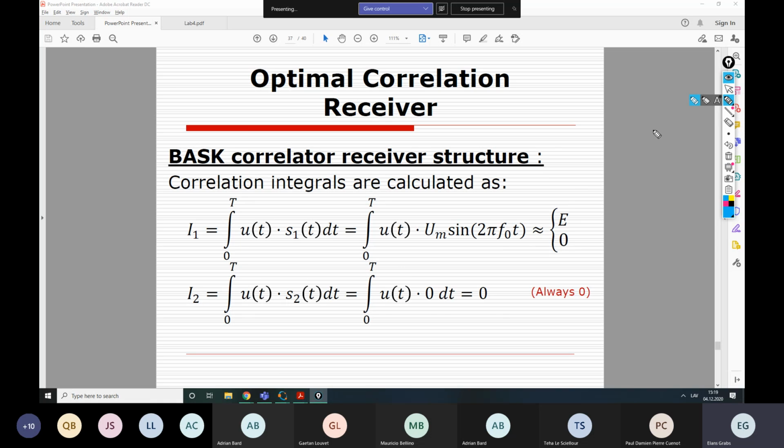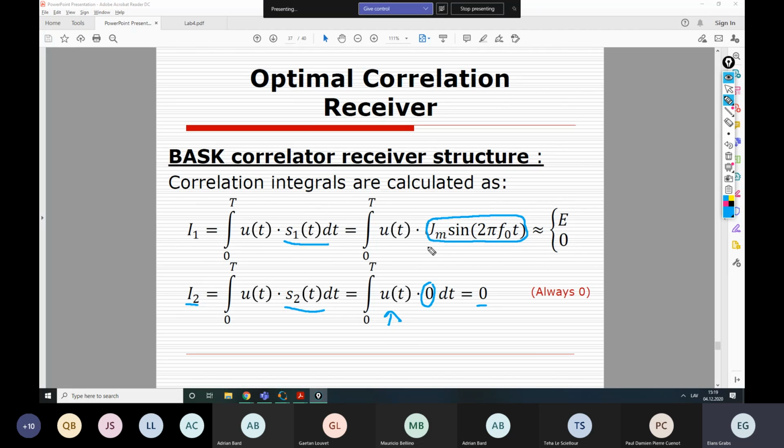Let us calculate, as we should, two correlation integrals for signal S1 and signal S2. For amplitude shift keying, signal S1 is this harmonic carrier signal, and signal S2 is 0. So calculating the second integral, irrespective of this u, will always give us 0, right?